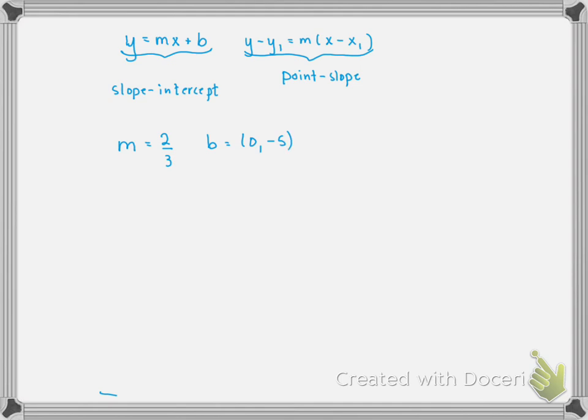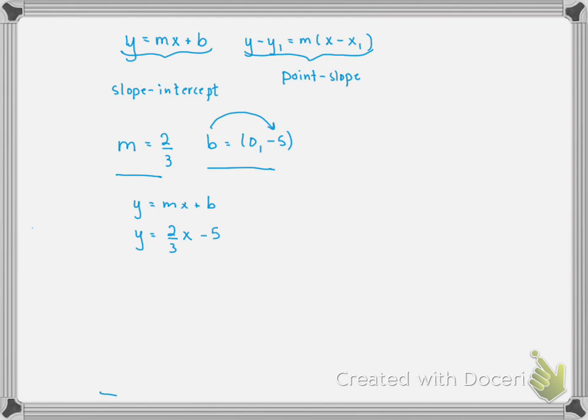Well, the y-intercept is the y value. Okay, so we can use this information and just fill it right in to y equals mx plus b, because we have the m and we have the b. So y will equal 2/3 goes in for m and -5 goes in for b.